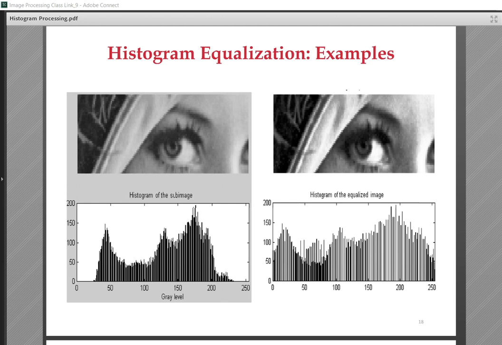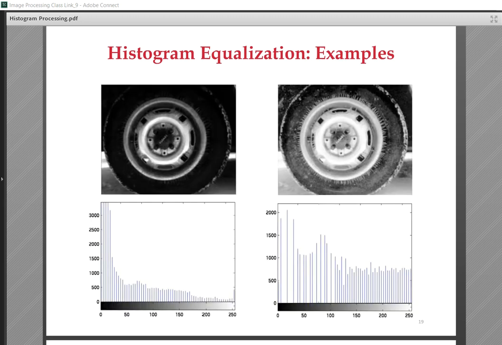Another example. For example, this portion of the face is dark and low contrast, but this is better, high contrast, her eye, compared to this one. This is the original histogram, and this is the resultant histogram.